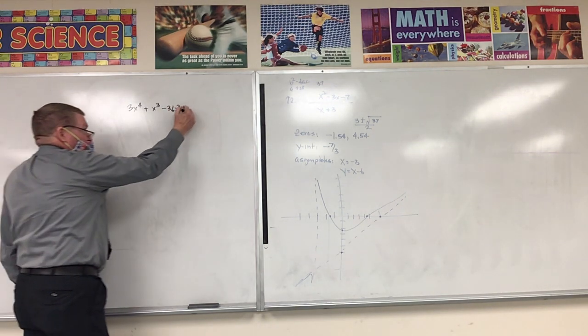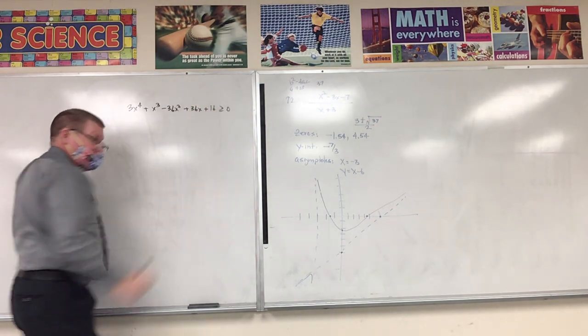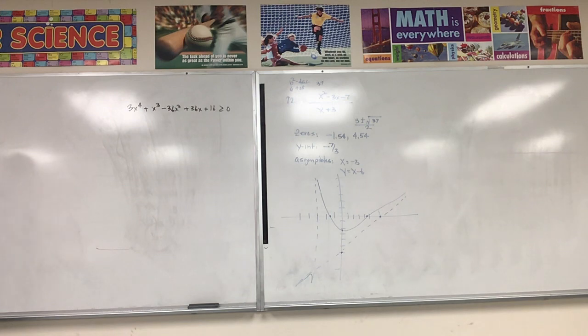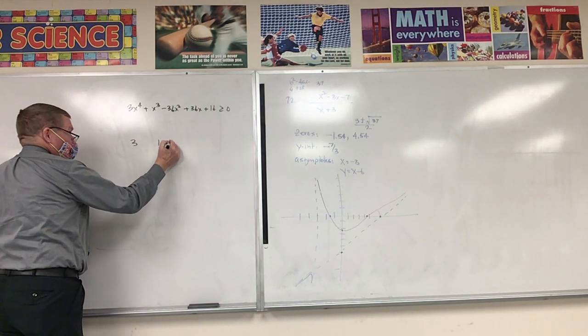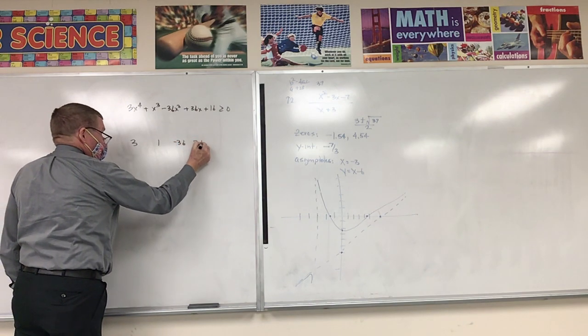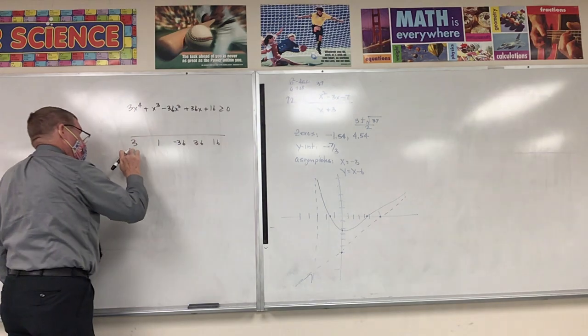Plus 36x. Alright, so let's do synthetic division. 3, 1, negative 36, 36, and 16. Oops, don't want that, don't want long division.